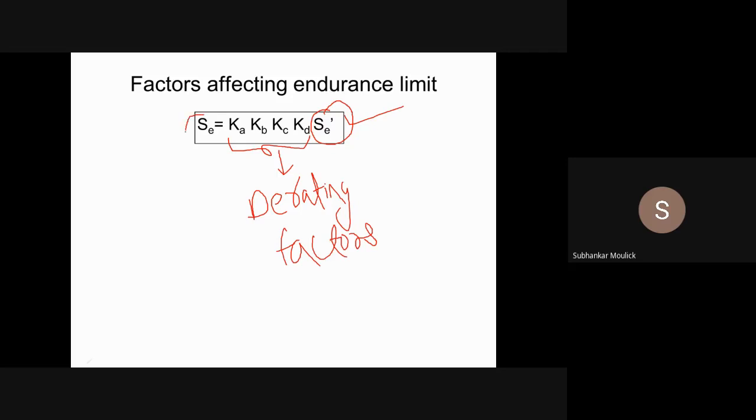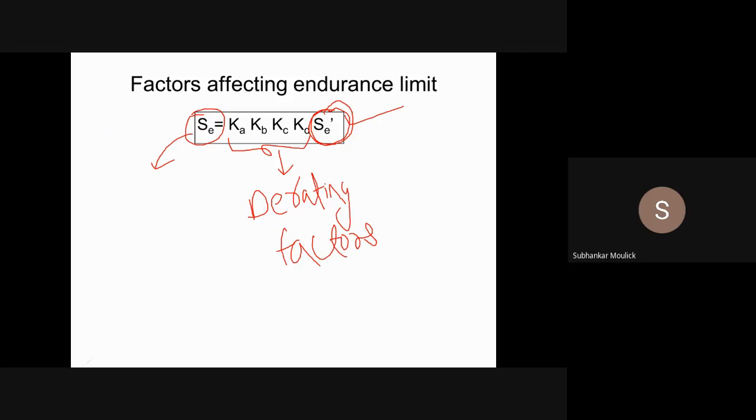But this SE is for a component that is manufactured in the industry. So definitely, if you manufacture any component in the industry, it will have some stress concentration, some notches, some flaws. So definitely, the value of endurance limit of a practical specimen that you manufacture in industry will be somewhat less than the ideal specimen that you test in the laboratory.